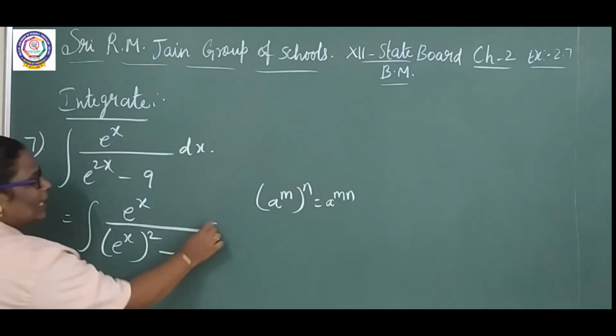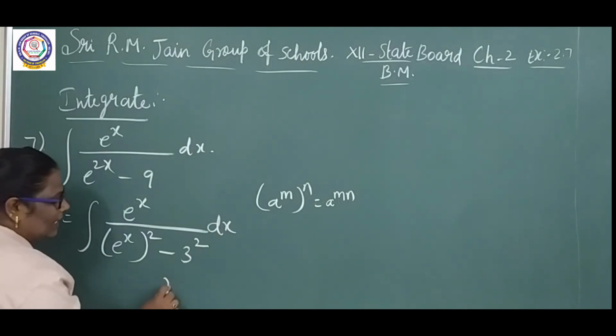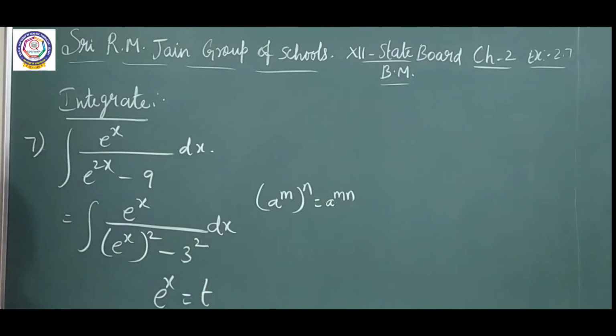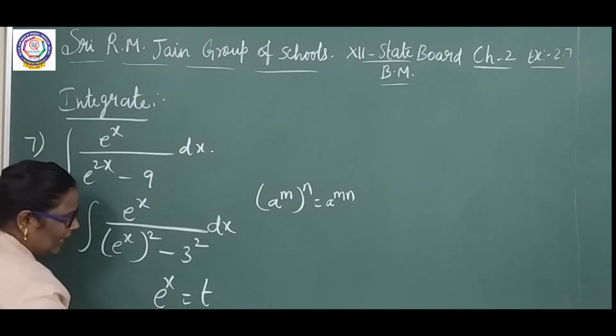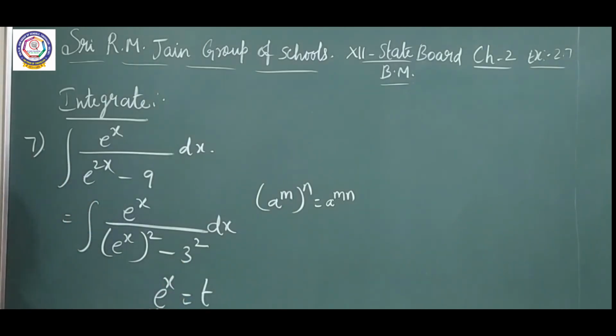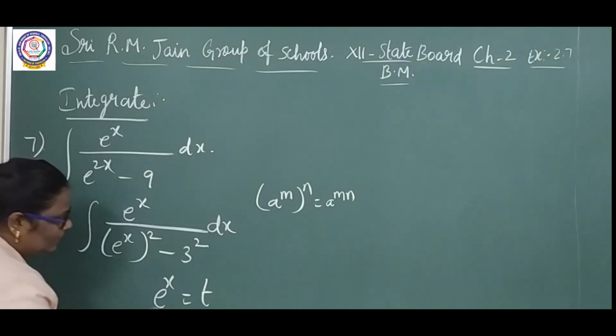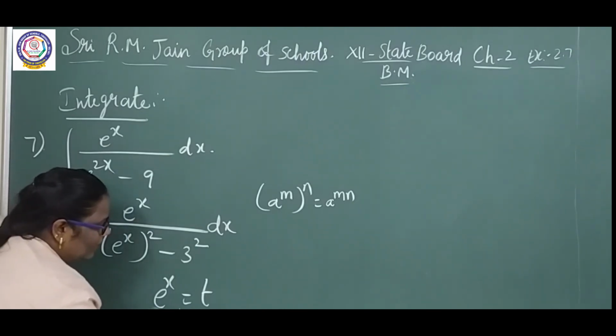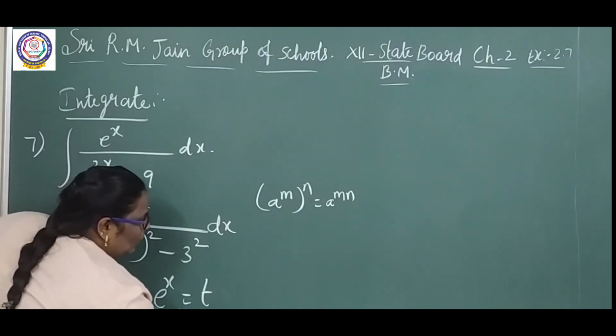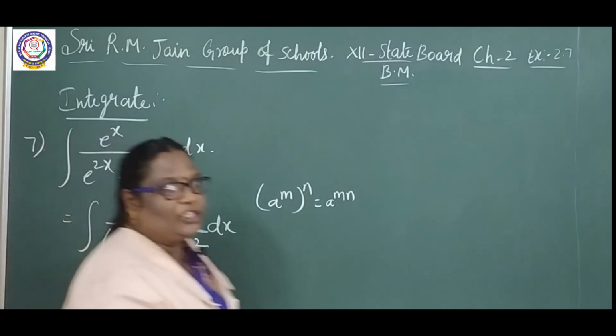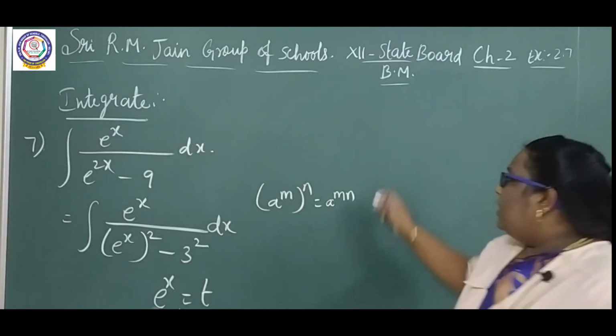In this you can take e power x equal to t. Differentiate with respect to x on both the sides. What is the value you are getting?